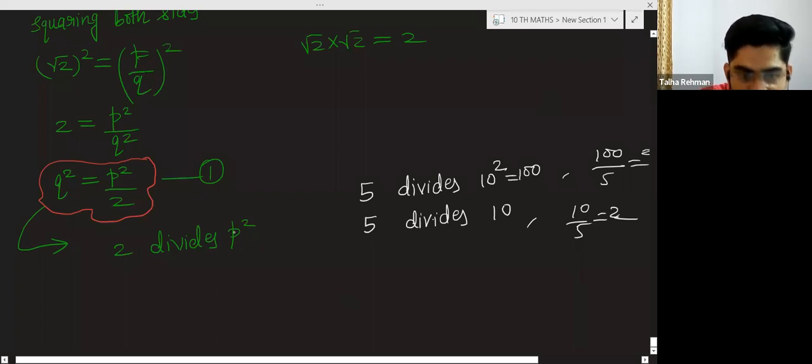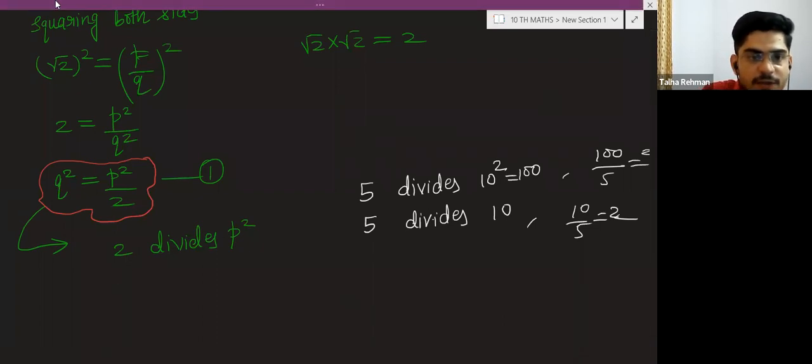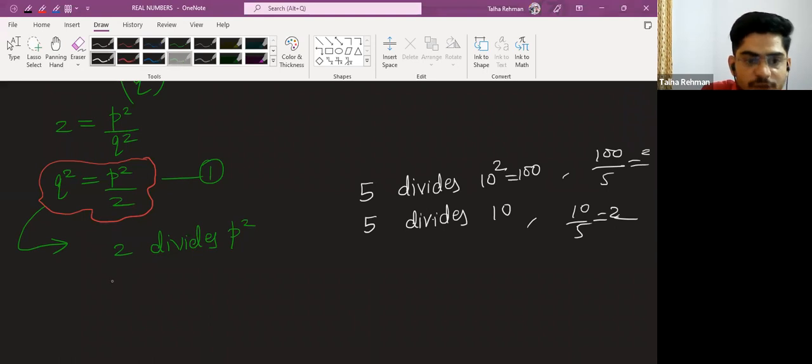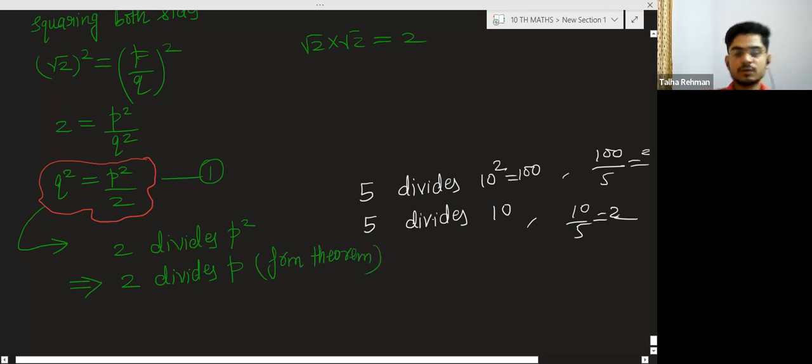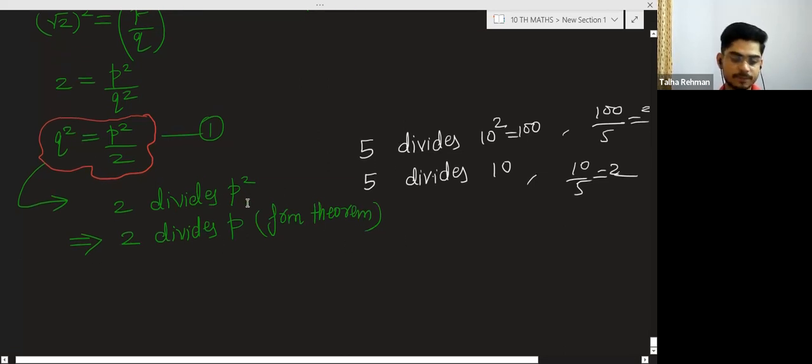So 2 divides p square, which implies that 2 divides p from the theorem. This is the use of that theorem here.